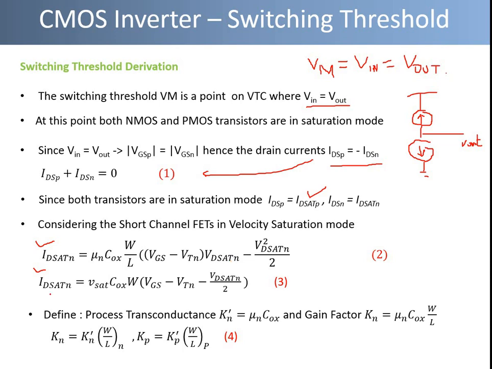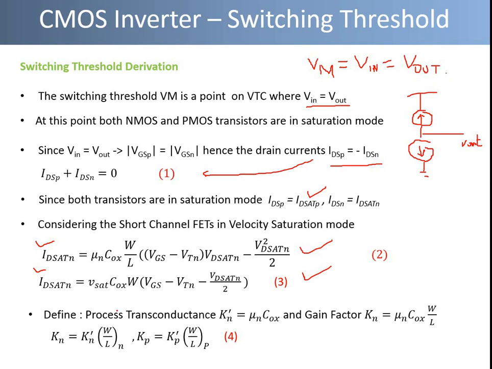Another equation for saturation current which relates it with saturation velocity is given as ID sat n equal to small v sat times oxide capacitance times width multiplied by VGS minus VTN minus VD sat n by 2. So these are two equivalent expressions for drain current of a short channel transistor in velocity saturation mode.